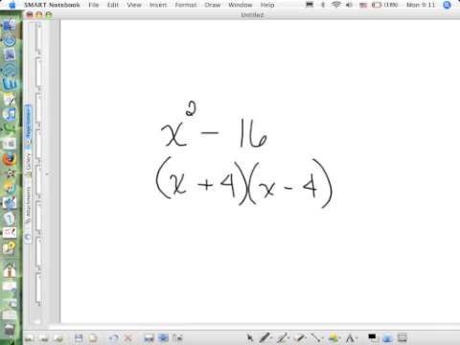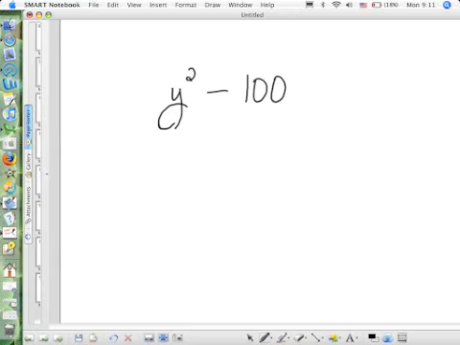Like here, 4 is a perfect square, right? But x is not. So this is all I can do right here. Here, first we look for greatest common factor, which there's none. Then we decide, because it's the difference, is y squared and 100, are those both perfect squares?